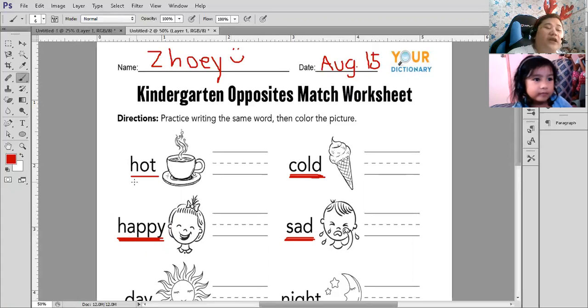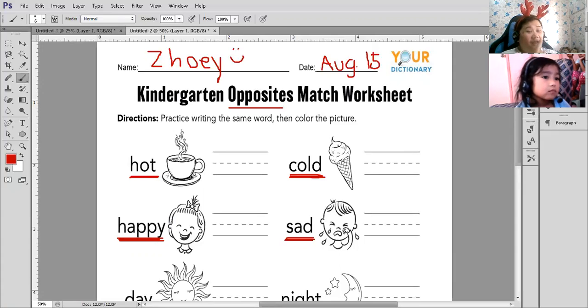Very good. Now, look at this, Zoe. Let's learn the word opposite. When you say opposite, kabaliktaran. Ang kabaliktaran ng tumatawa ay crying. Laughing, crying. Pag happy, ano yung kabaliktaran ng happy?